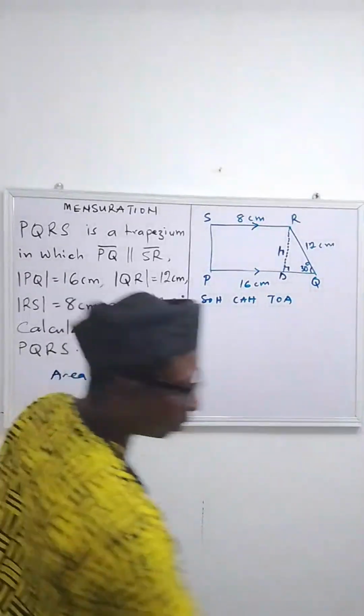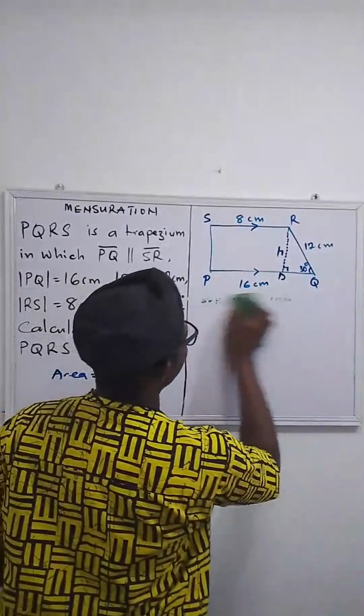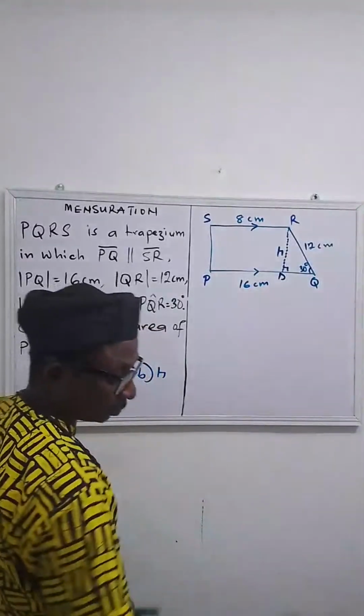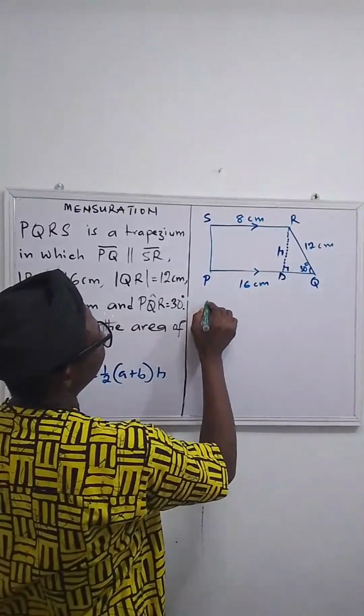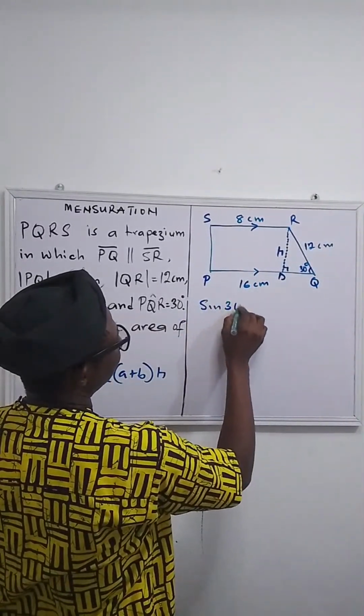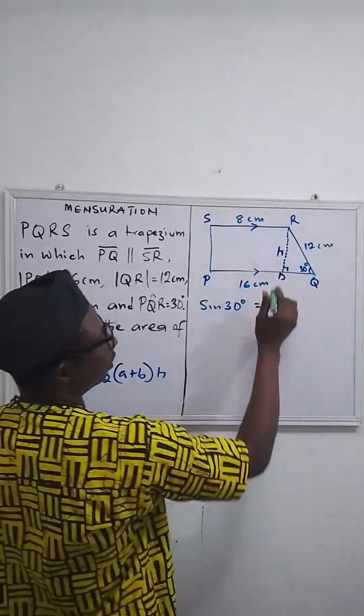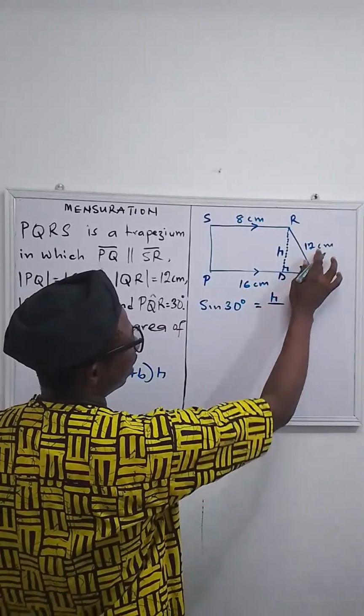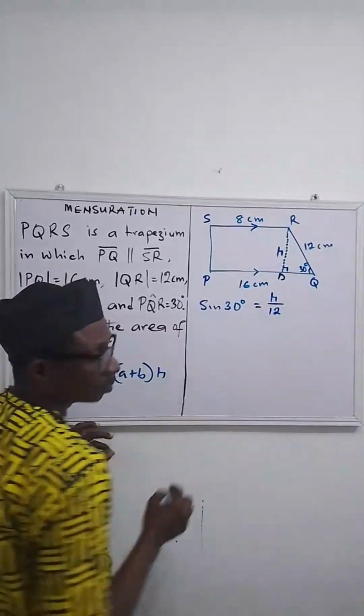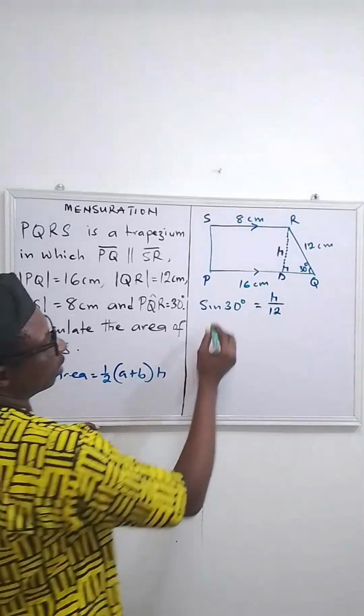Okay, so now let's do that. So we have sine 30 degrees, this angle here, equals opposite H over hypotenuse 12. All right, so here you can cross multiply.